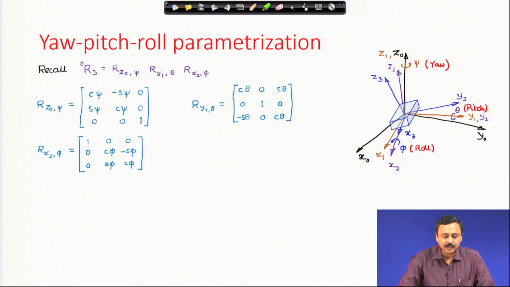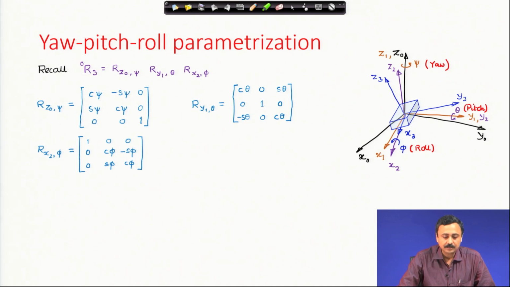Now, for the orientation part, we recall what we discussed in our previous lecture, where we derived the rotation matrix, the orientation of a frame given a yaw, pitch and roll.